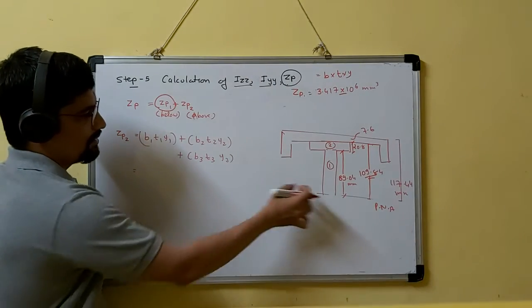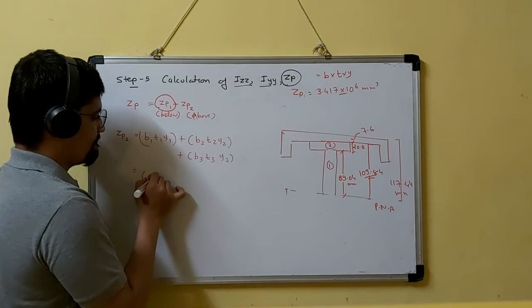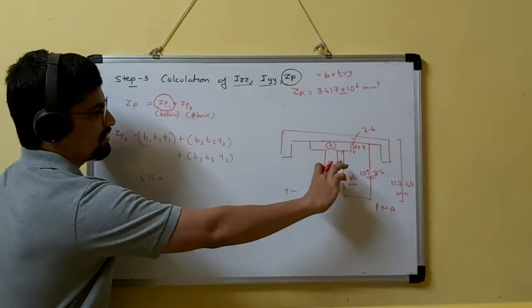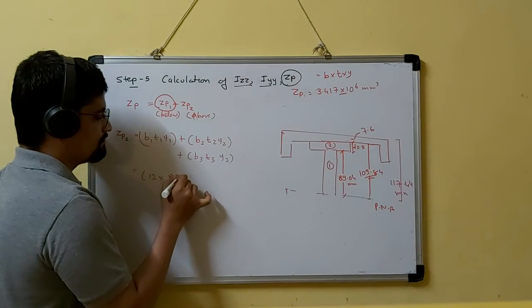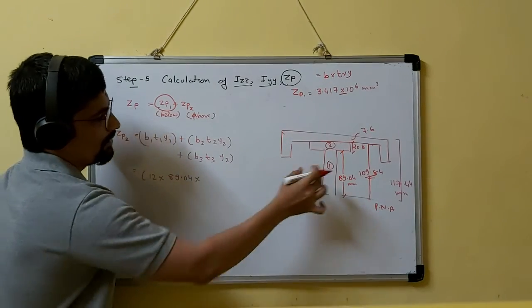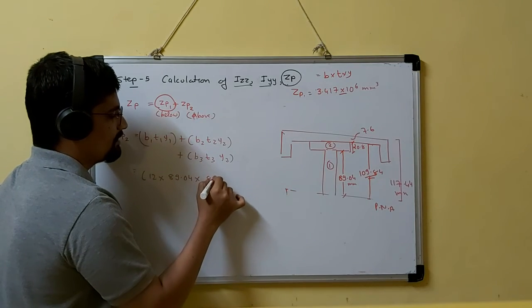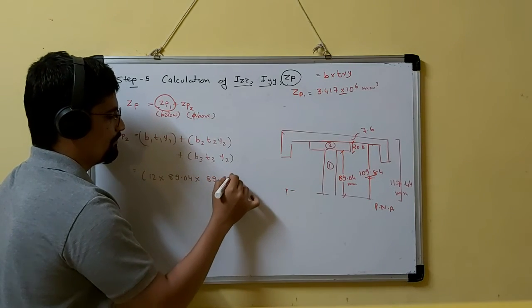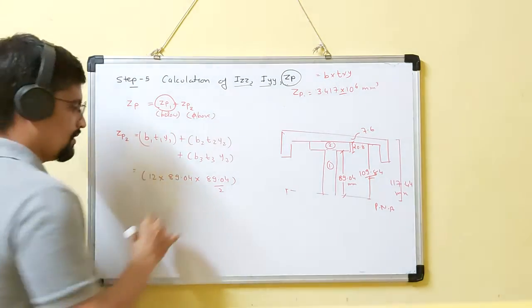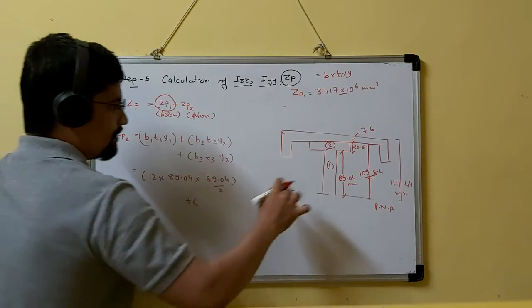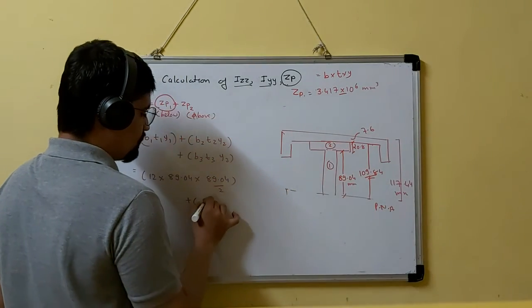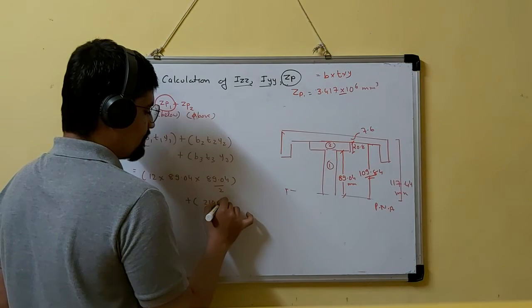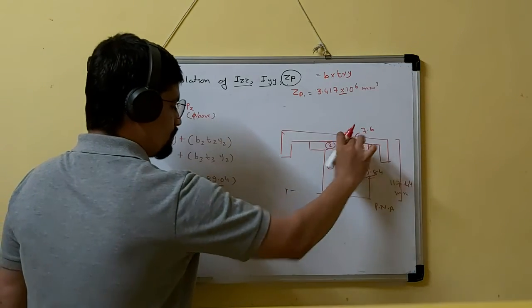So B1 is 12, T1 is 89.04, and Y1 means 89.04 divided by 2. Second, B2 means 210 into T2, 20.8.